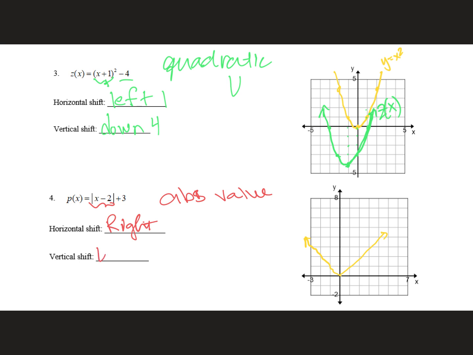And plus 3 means I'm moving up 3. So my point here goes right 2, up 3. My point right here goes right 2, up 3. And I can reflect it. We got one that's going to be right here, right 2, up 3. And I can reflect it. And I'm going to move my V up and to the right.